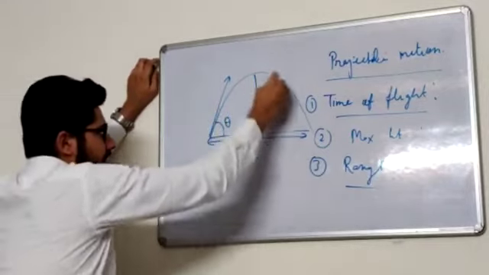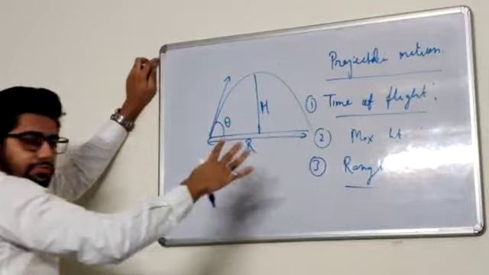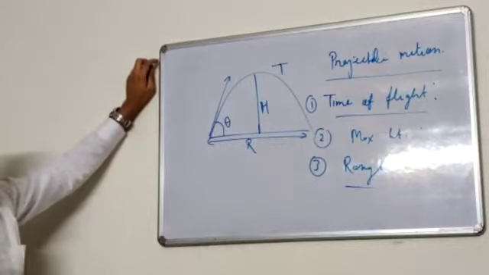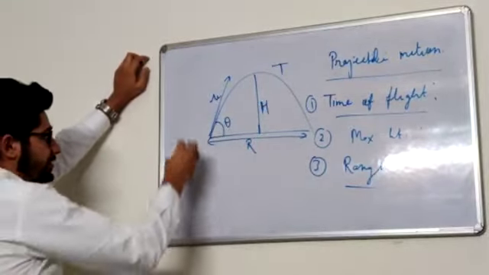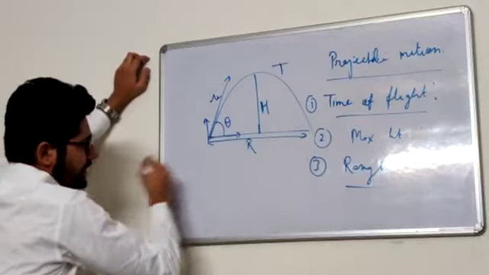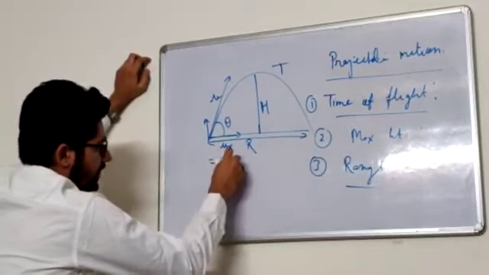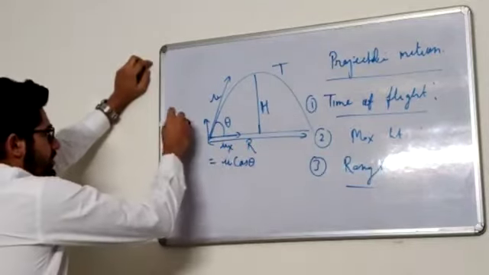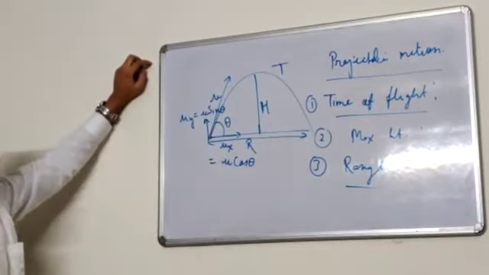And in this duration, the time for which the particle remains in the air, t, is the time of flight. So basically the particle has velocity u. So the particle has velocity in two directions here. If we see in components, this is ux, which is nothing else but u cos theta by component method, and this is uy, which is equal to u sin theta.